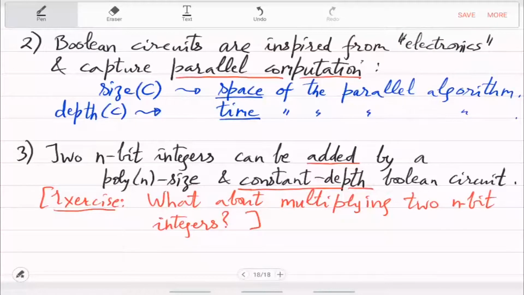And similarly, you can define computing a polynomial by an arithmetic circuit. Again, a polynomial family, because the number of variables is changing. When will you say that a polynomial family is computed by an arithmetic circuit family?